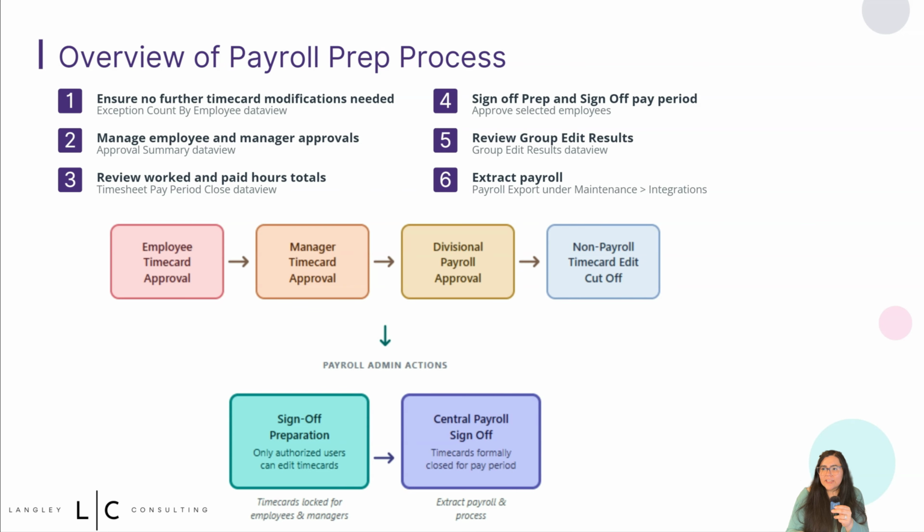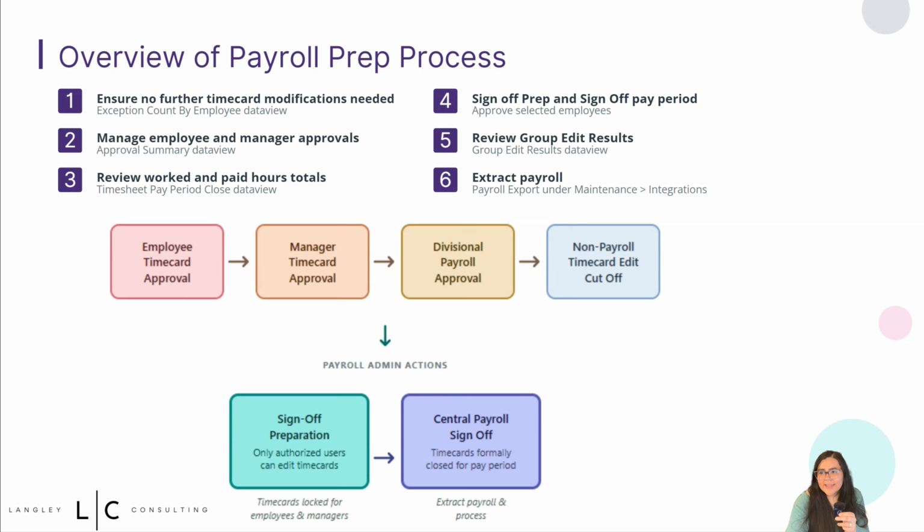And thirdly, you review worked and paid hours totals using the timesheet pay period close data view. And fourth, you run the sign off prep, and sign off the pay period. Fifth, you review the group edit results to confirm everything processed. And six, you'll extract payroll under maintenance integrations.